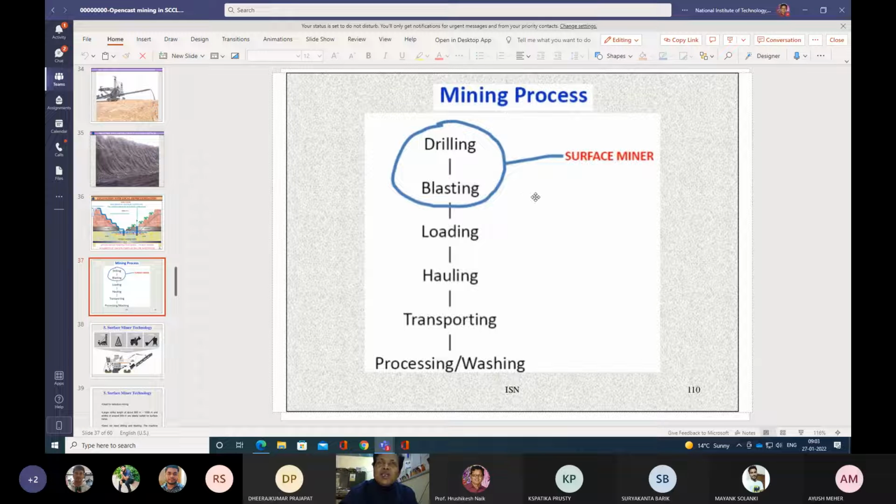So this is your question, that because the drilling and blasting is creating a lot of dust. So to take care of the dust, nowadays the surface miners are used to avoid drilling and blasting.